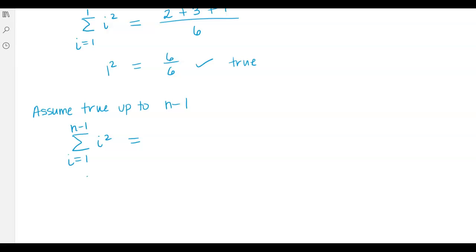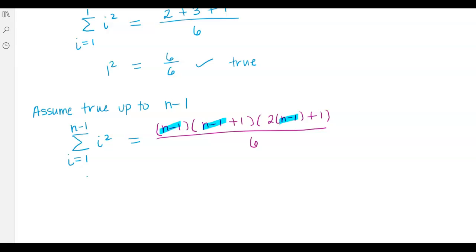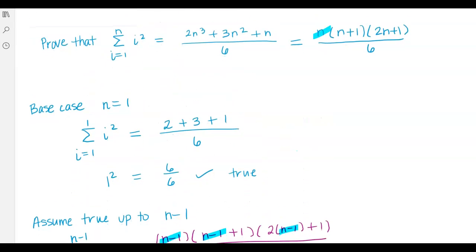It would be n minus 1, and then n minus 1 plus 1, and then 2 times n minus 1, plus 1. I'll show you what I'm doing in a second. I'm just taking n minus 1 and plugging it into this version of the fraction. I did that so I didn't have to cube n minus 1 there.